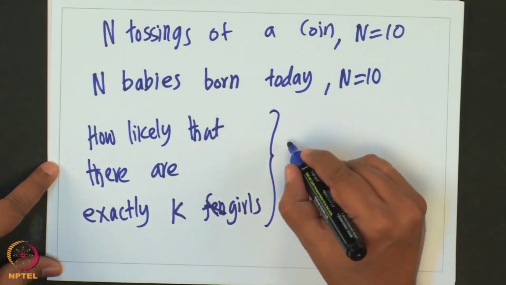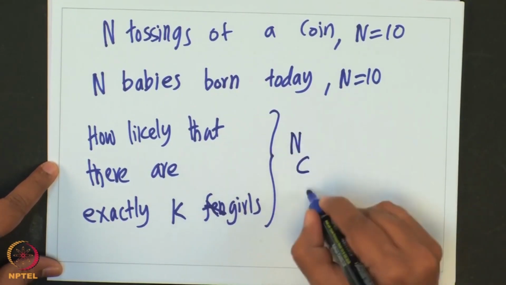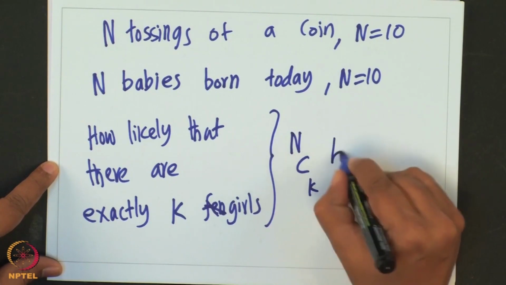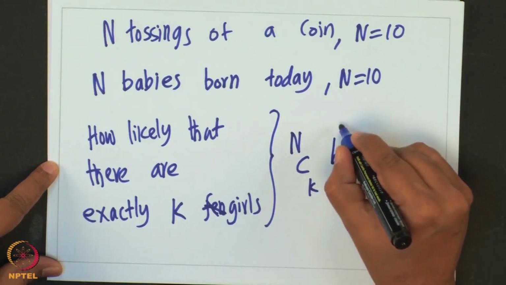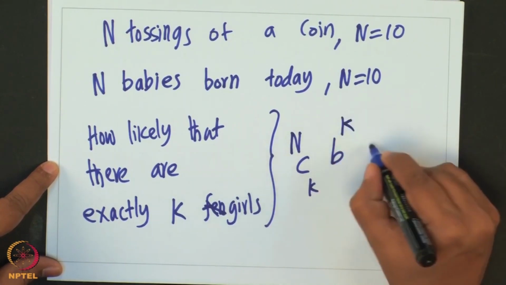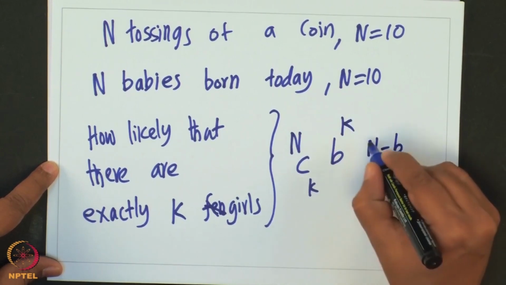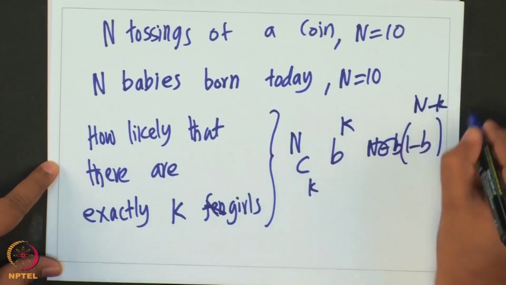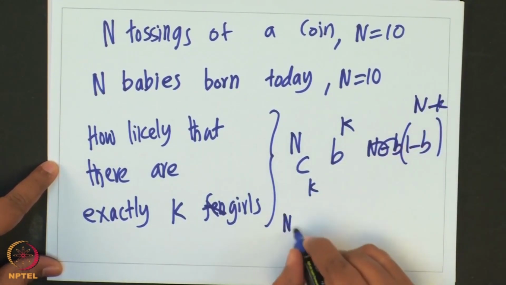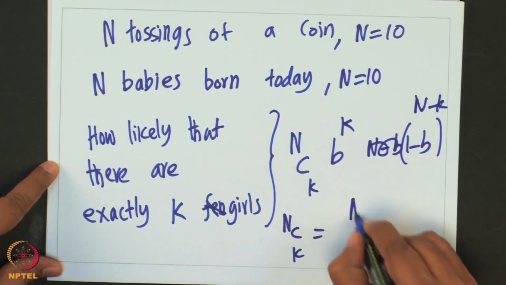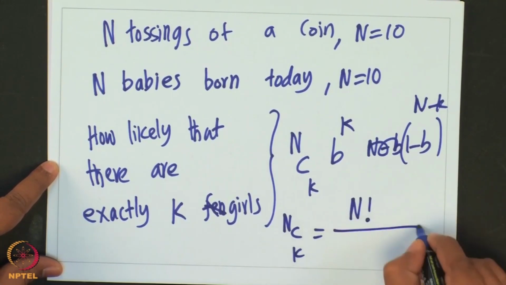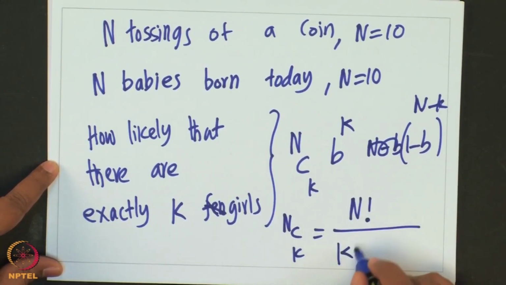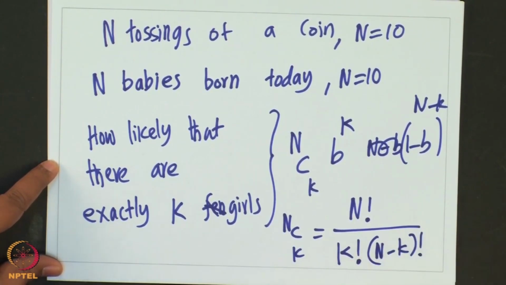This is given by this formula: n choose k, b power k, where b is half here, times 1 minus b power n minus k. This is the formula where nCk is n choose k, which can be computed as n factorial divided by k factorial times n minus k factorial.